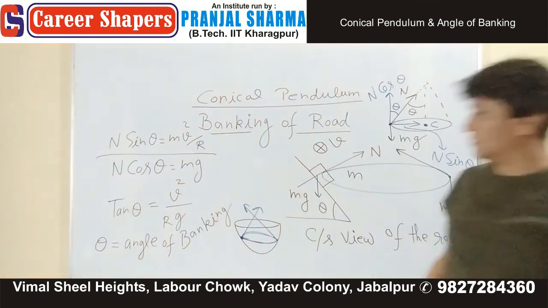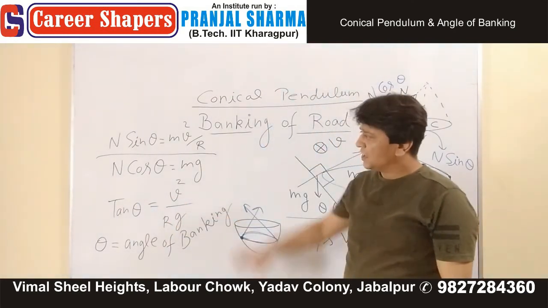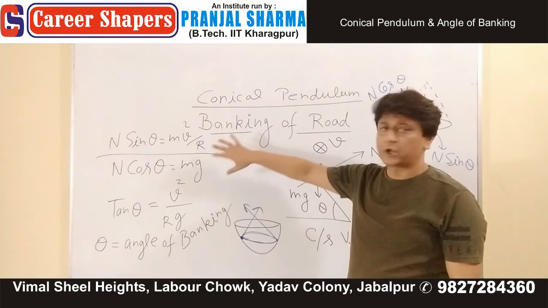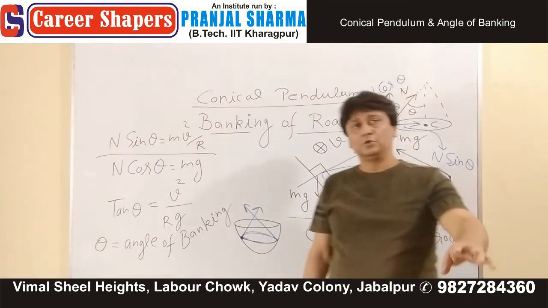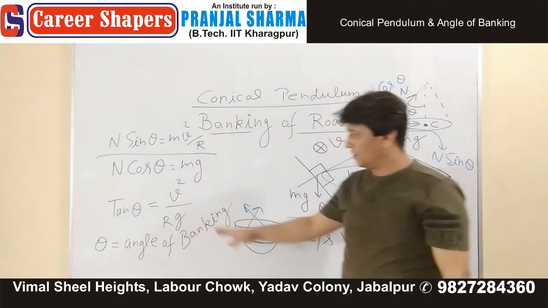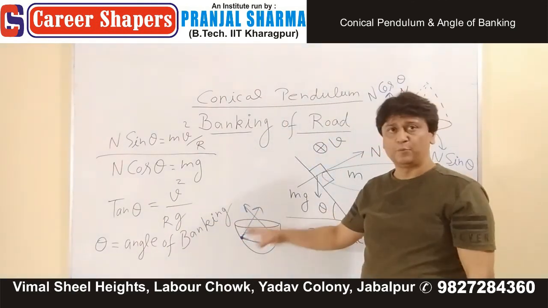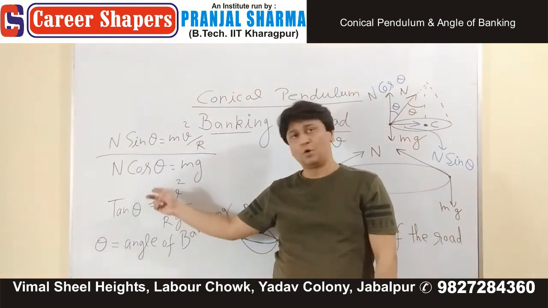Last 1 minute. अभी हमने जब इस रोड के कॉन्सेप्ट को डेवलप किया तो हमने फ्रिक्शन को हटा दिया है. This angle of banking concept is developed when we are assuming there is no friction between road and tires.